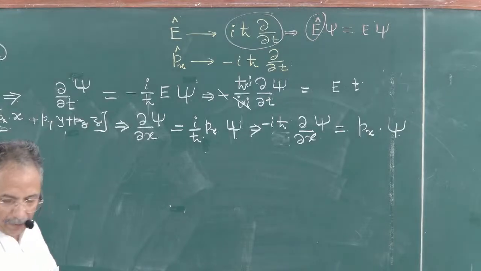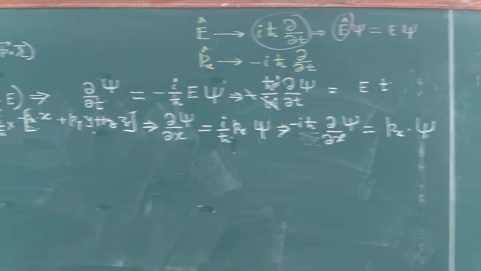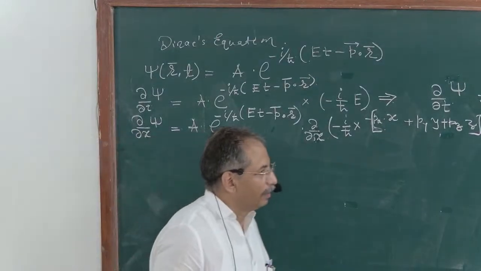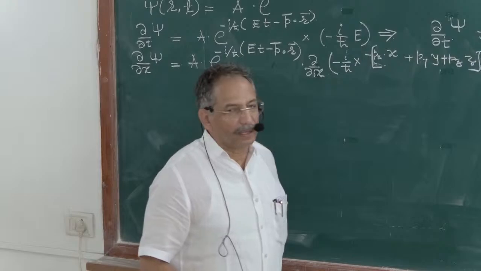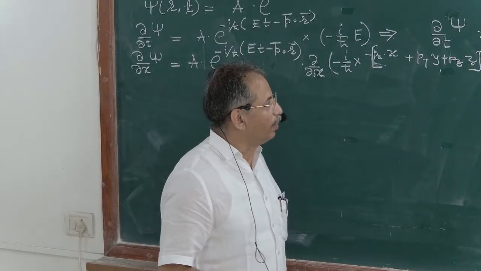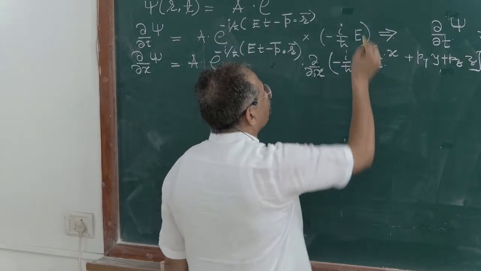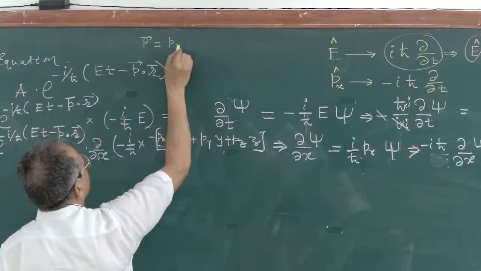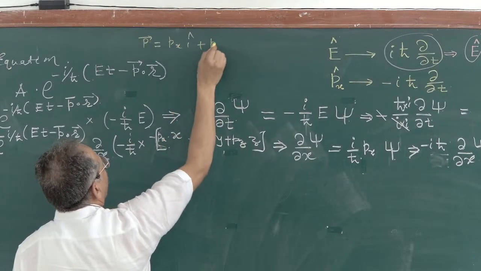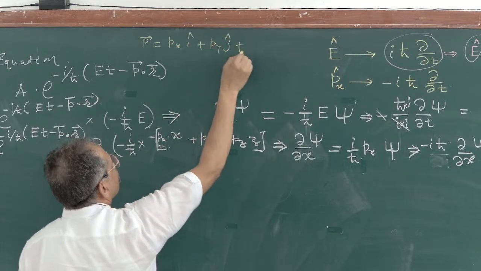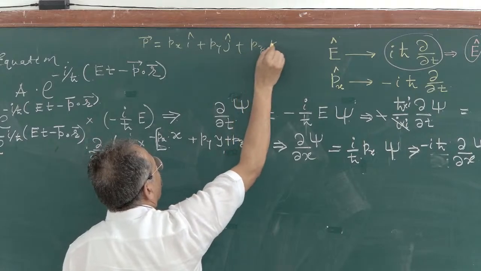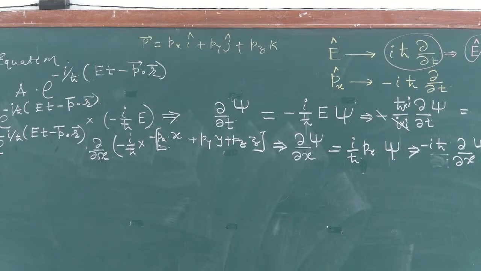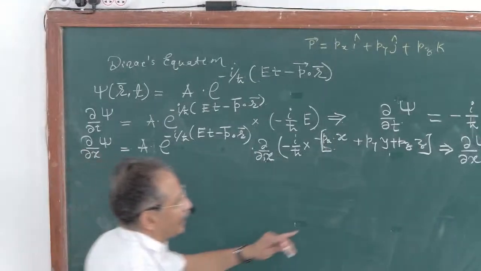Similarly, if we differentiate with respect to y and z, we'll be able to obtain the momentum operator for y component and z component, so that the generalized p bar representation we can have px i cap plus py j cap plus pz k cap. If you like to differentiate again with respect to x, then you can obtain second order.